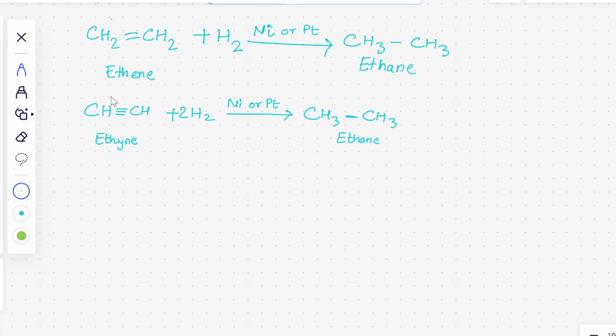The mechanism is very simple. This pi bond is broken, and instead the carbon attaches one hydrogen to this part and one hydrogen to this part.